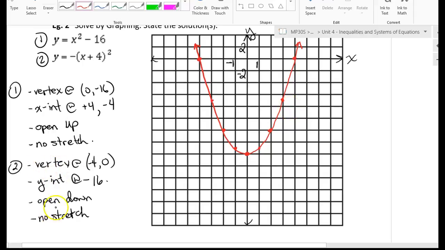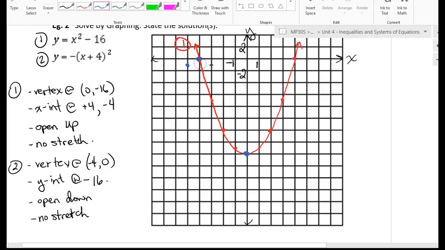For my second equation, my vertex is at negative 4 and 0. Draw it in there. Okay, my y-intercept is at negative 16. It's opening down and it's not stretched or compressed.